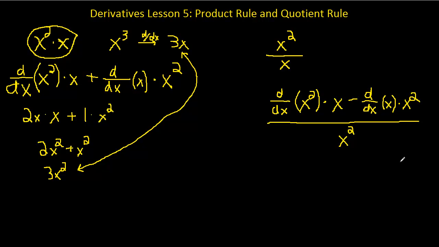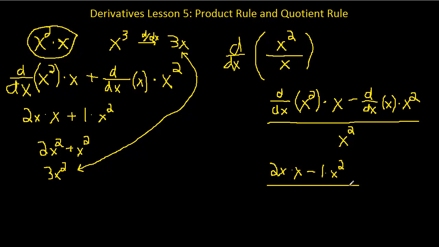And so what we have now is this. If we take the derivative of this, the quotient rule says that the derivative of this is equivalent to this expression. So let's go ahead and work this out. We have 2x times x again on the top, minus 1 times x squared, all over x squared.